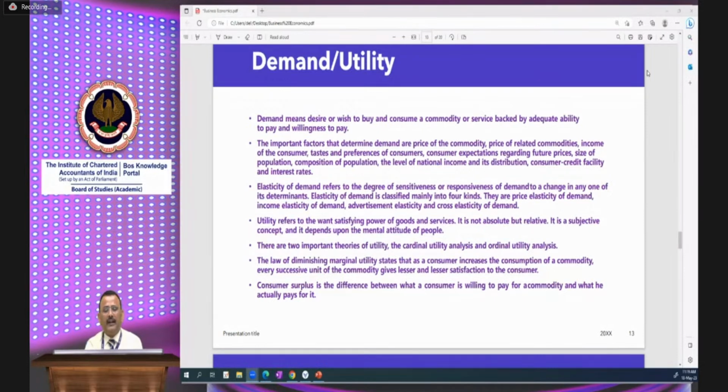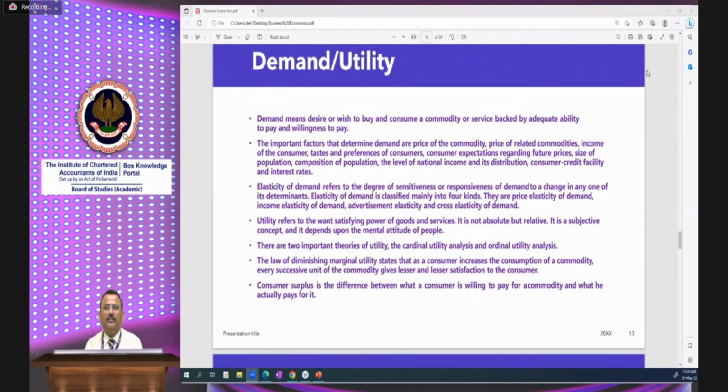The important factors that determine demand are price of related commodities, income of the consumer, taste and preferences, consumer expectations regarding future prices, composition of population, level of national income, consumer credit facility, and interest rates.